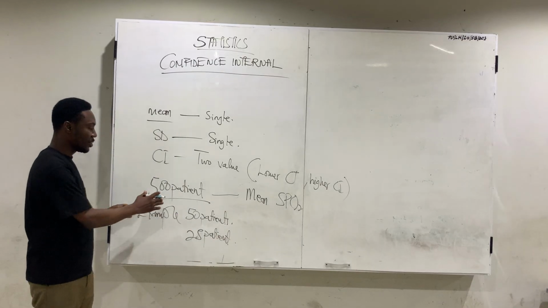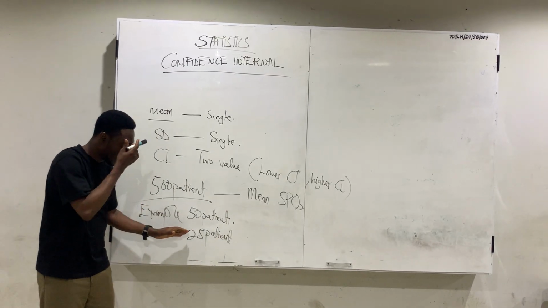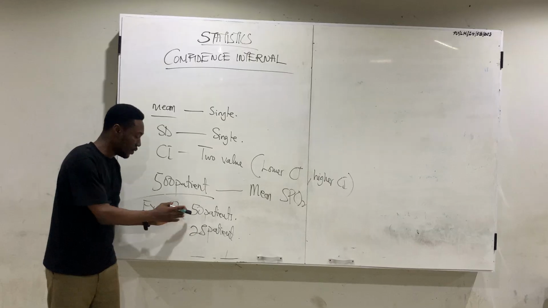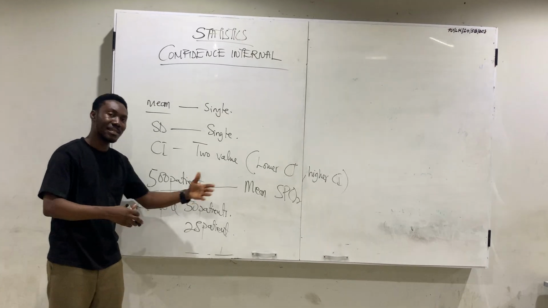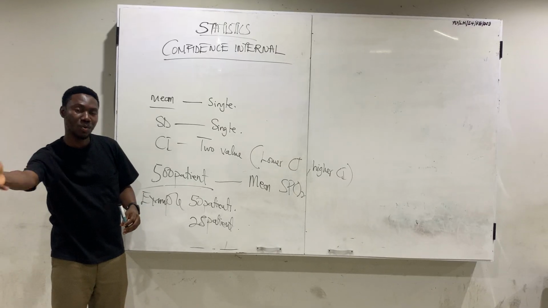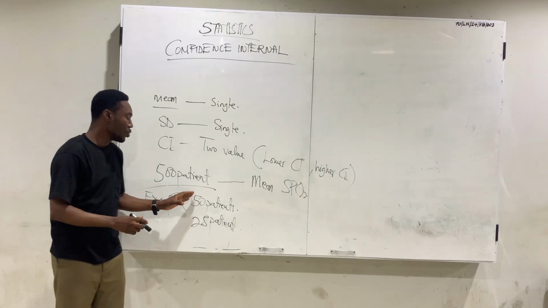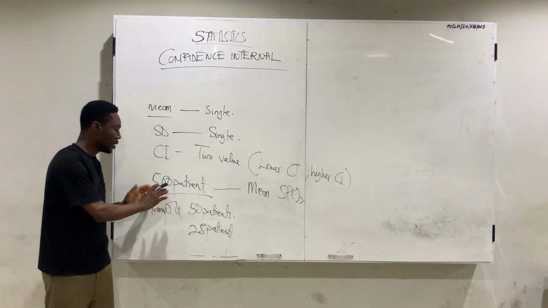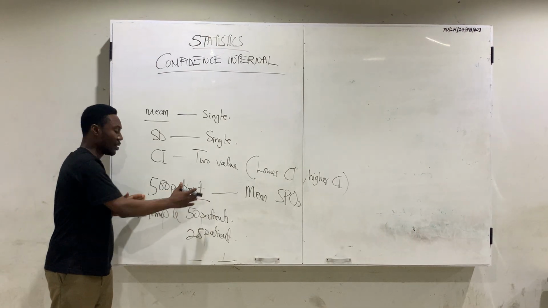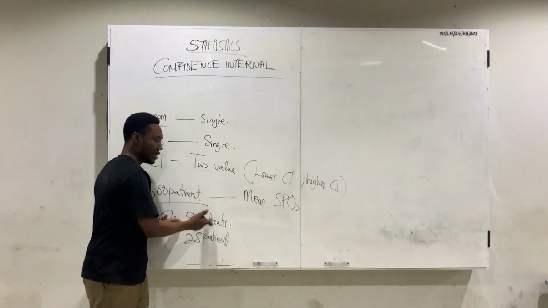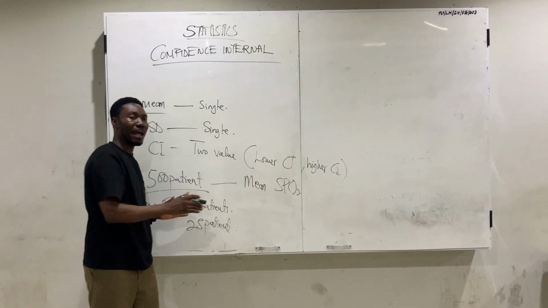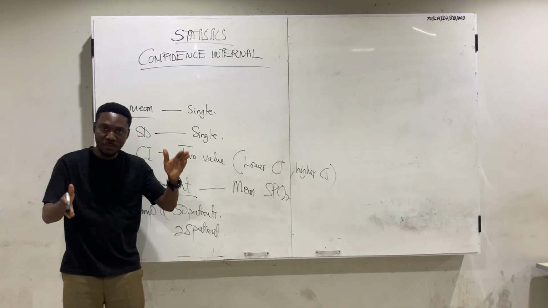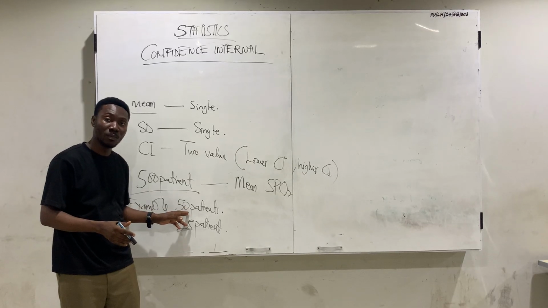This calculation will allow you to use a sample of either 25 patients or 50 patients, or any other different sample number. Let's say 60 patients, 20 patients. It will allow you to use a sample, not necessarily the entire population. Then you calculate the mean SpO2 within the sample.